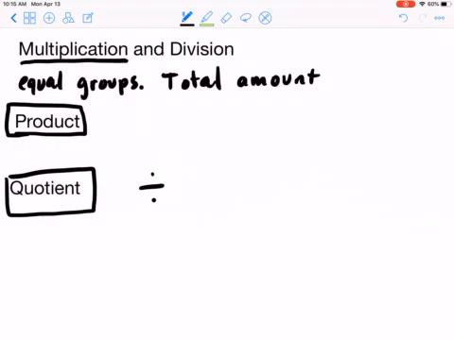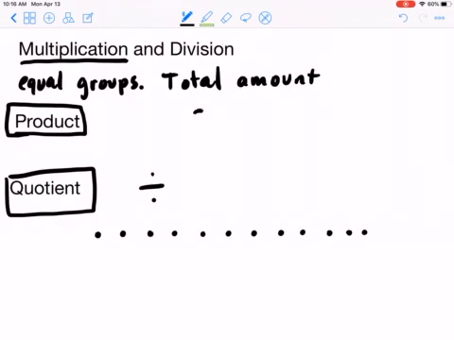So let's use the 12. Let's say we have 12 objects. And we're going to place them into equal groups of 4. Thinking about the problem that we had with the multiplication.